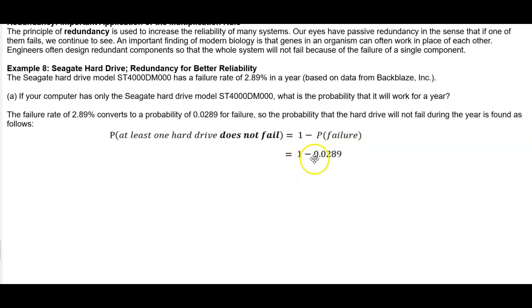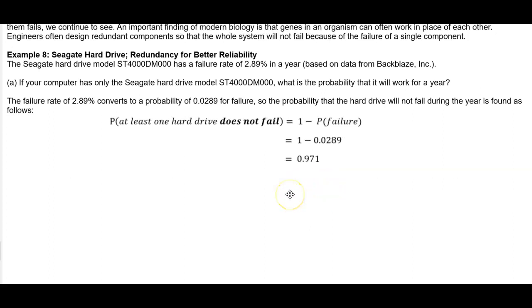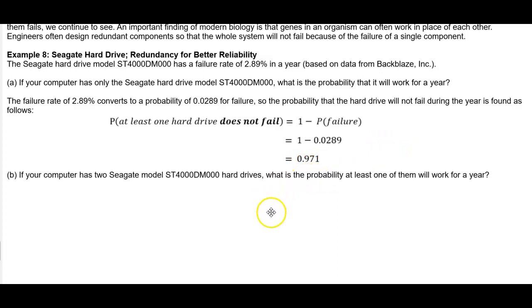So 1 minus 0.0289 is going to equal 0.971. Therefore, we would say that the probability that it will work for a year is 0.971, or if we converted that to a percent, it would be 97.1%.